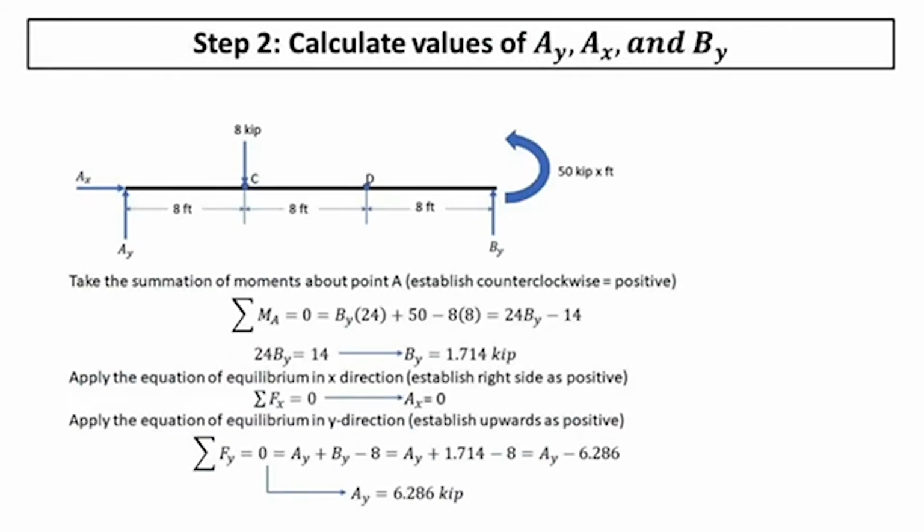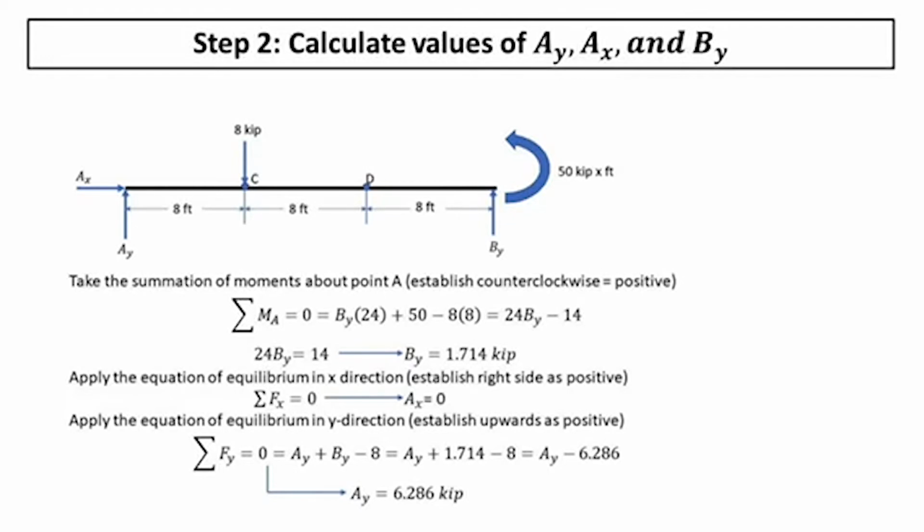So in order to find the values that the problem is looking for, we first need to calculate the values acting at point A in the x and y direction and the values acting at point B in the y direction, because these values will be important later in the problem. So to do that, we first take the summation of moments about point A, and we know that in this case we're going to use counterclockwise as positive throughout the problem, and then we know that this moment total is going to equal 0.